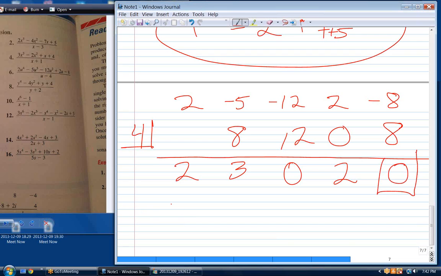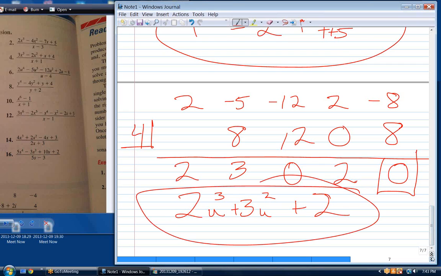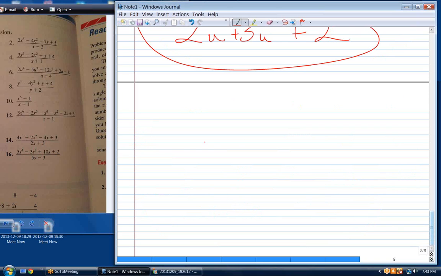Okay. So you get 2u cubed plus 3u squared plus 2. That's the answer.